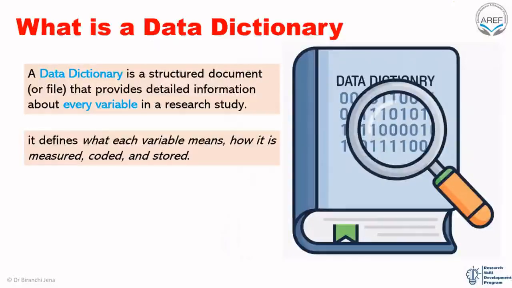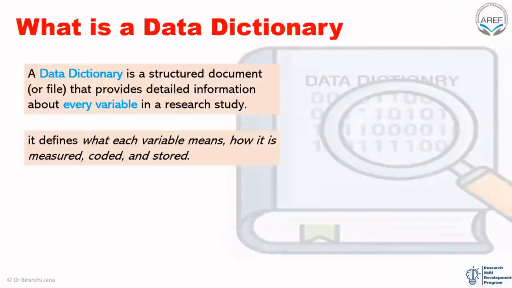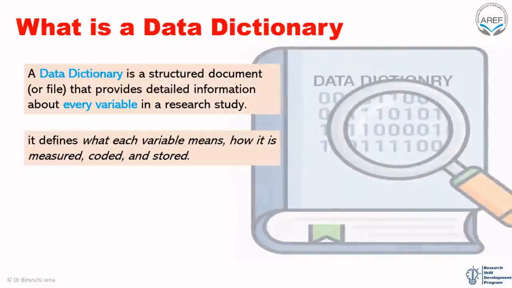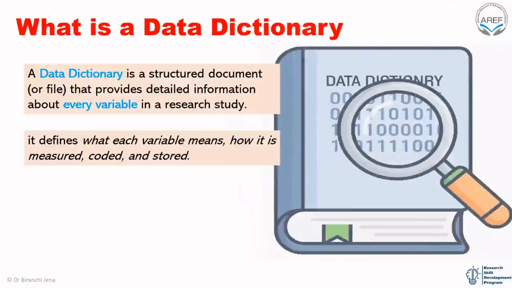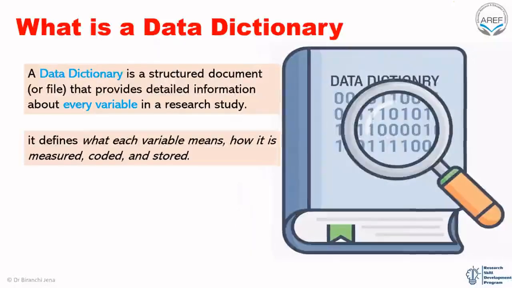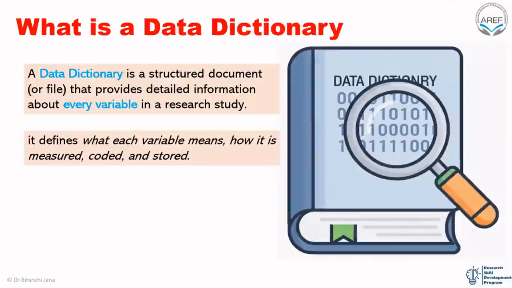Then, codes. If you look at big research like NFHS, NSSO, DLHS, and the census, everything is managed through codes.